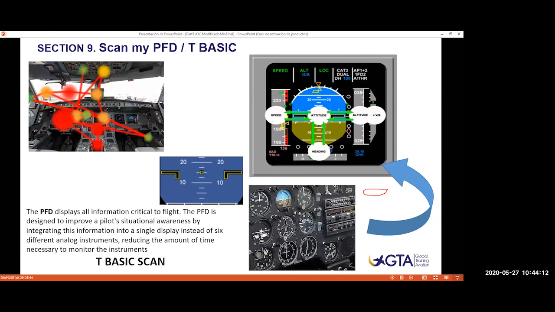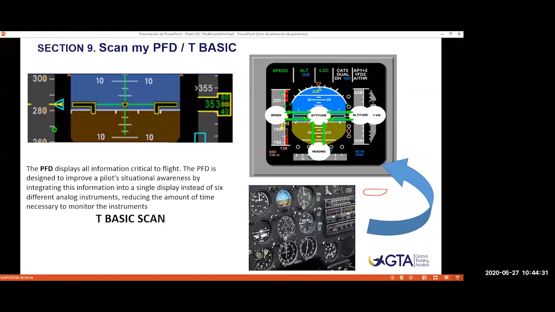Before you had to look at many instruments, quickly moving your eyes. Now we have only this one. This is the good thing. This is what we call the glass cockpit. This is the attitude, okay? This is a little bit more deeply what we can see here.